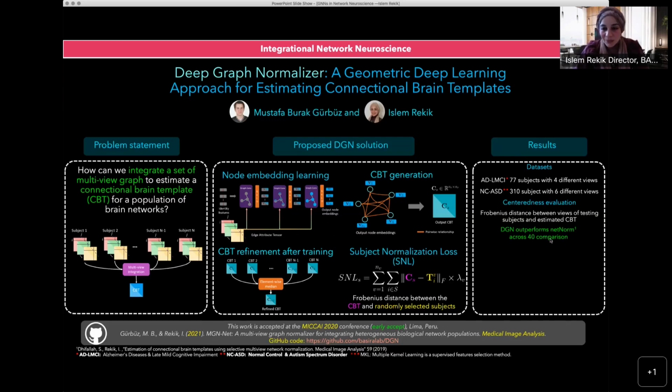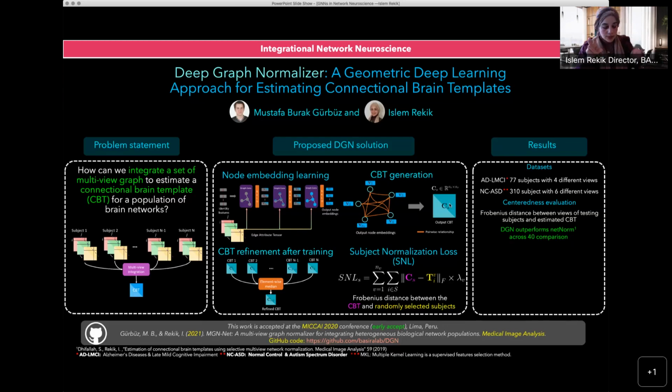So basically what we showed is that once you have this center, this matrix, of a population with Alzheimer's disease, and you have another population with late mild cognitive impairment, by simply calculating the absolute difference between these two matrices and taking the highest values, you're able to spot the brain connectivities that change, that mark the difference between these two brain states.